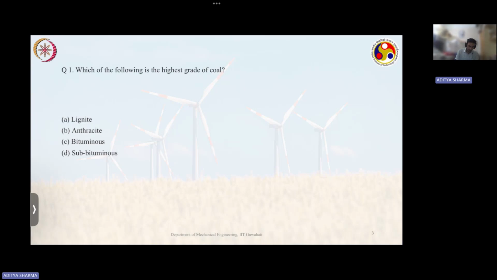So the highest grade of coal is your anthracite. The moisture content and other impurities are less in this type of coal, and the carbon content is very high.